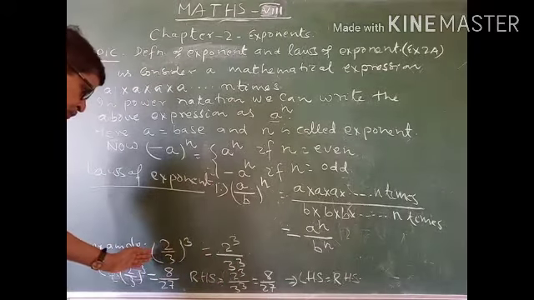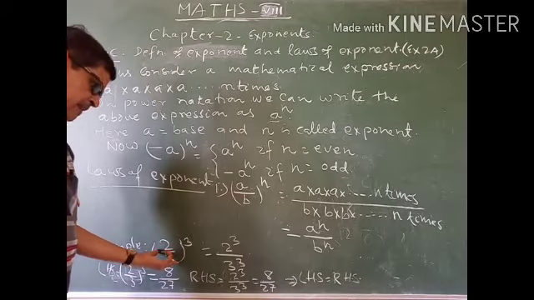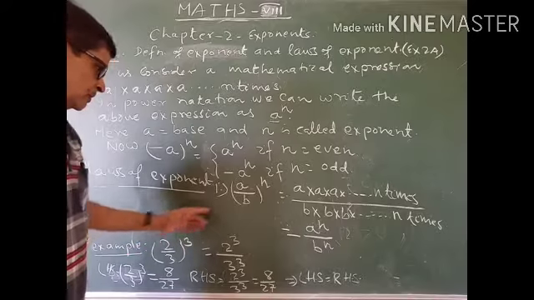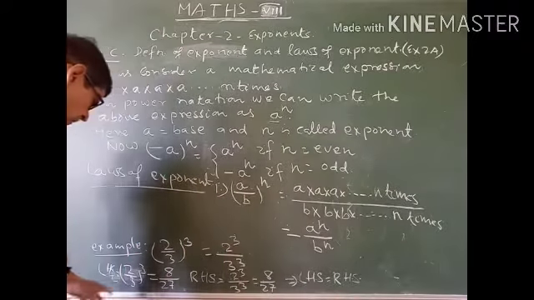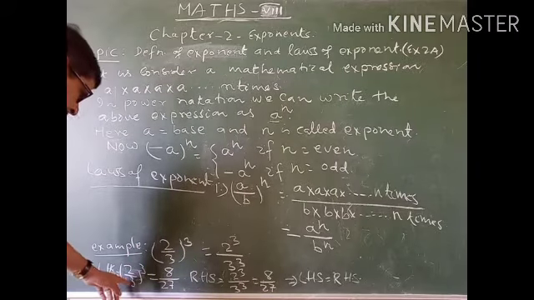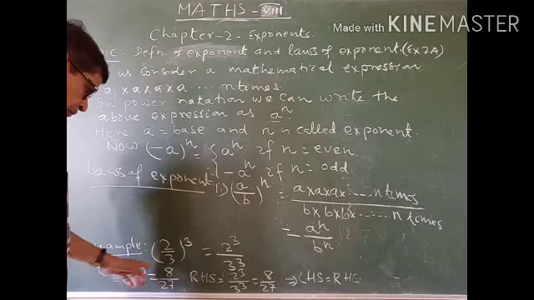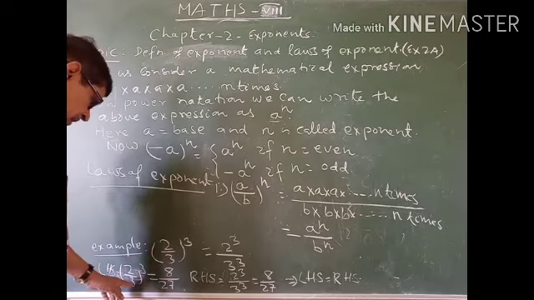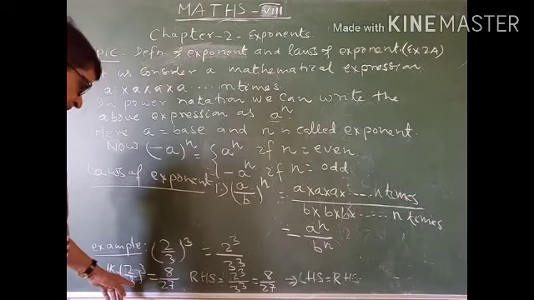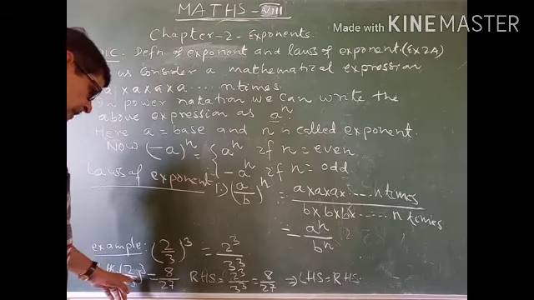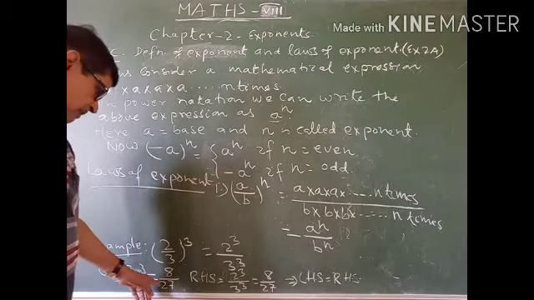We have to show that LHS should be equal to RHS according to this law. LHS, 2 by 3 to the power cube, this will be equal to multiply 2 three times, we get 8. Similarly multiply 3 up to 3 times, we get 3 3s are 9, 9 3s are 27.